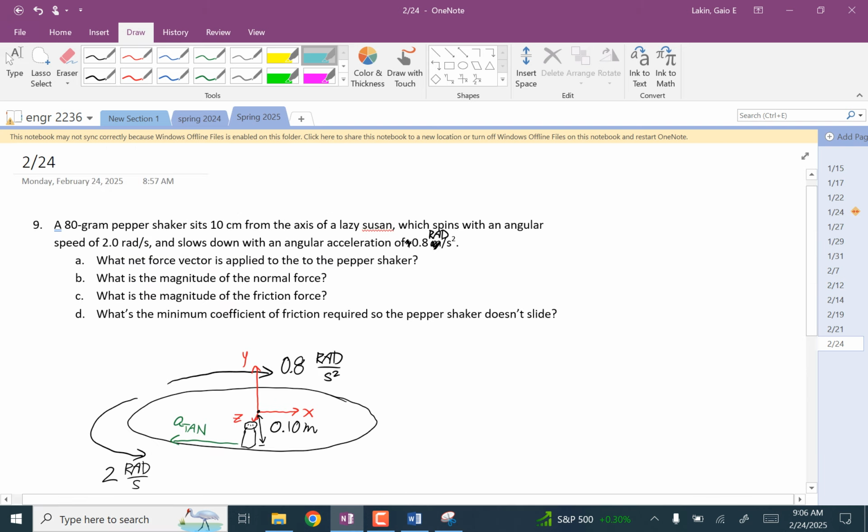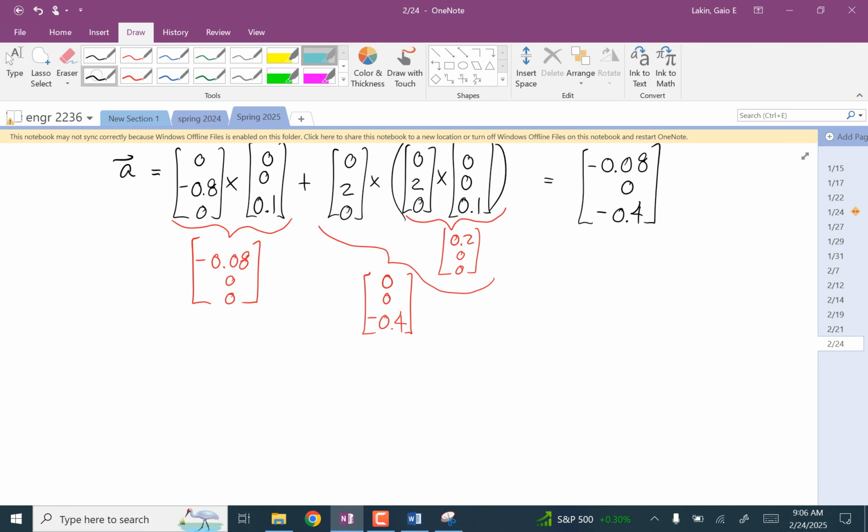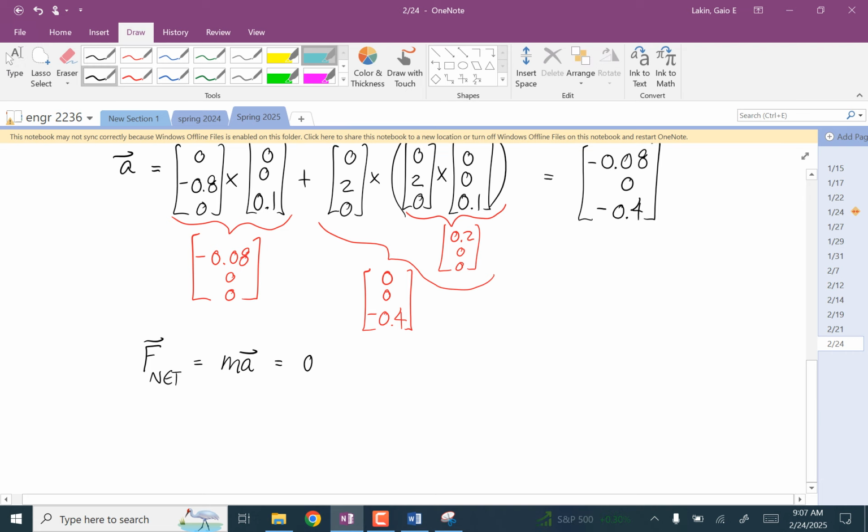Okay, so now, oh, that's not the answer to part A yet. We want the net force, but the net force now is just the mass times that acceleration. The mass is 0.08 kilograms.